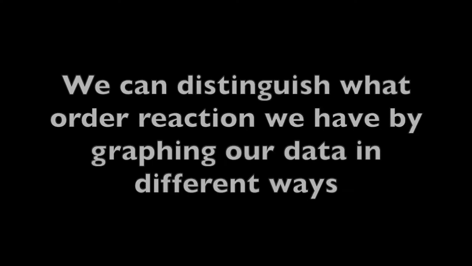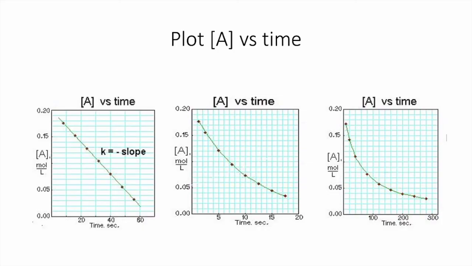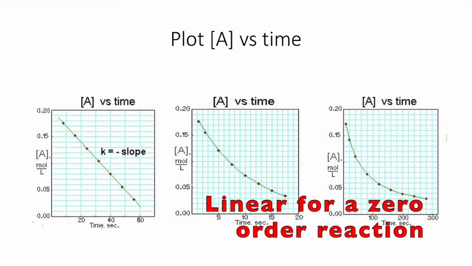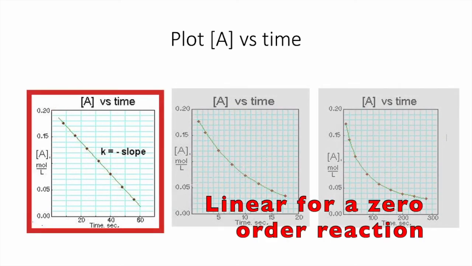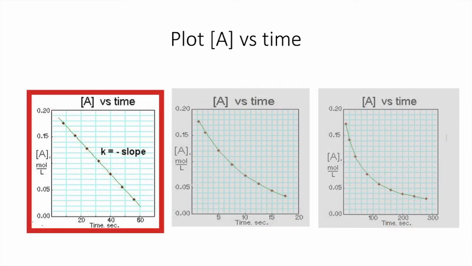We can distinguish what type of reaction we have by graphing our data in different ways. If we graph concentration versus time, this will be linear if we have a zero order reaction. If it's not linear, it's not zero order.